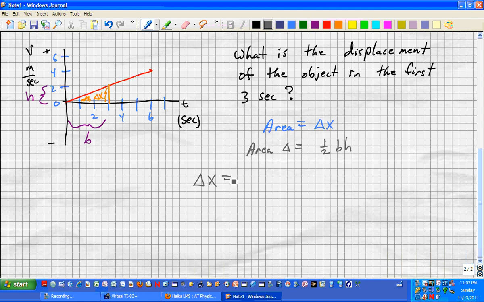So that change in position is going to be equal to 1/2 times 3 seconds times 2 meters per second. Again, I've got seconds on the top and seconds on the bottom. They're going to cancel out. I'm left with meters. Change in position is always in meters.